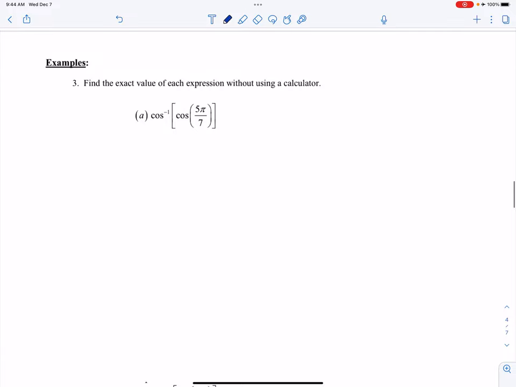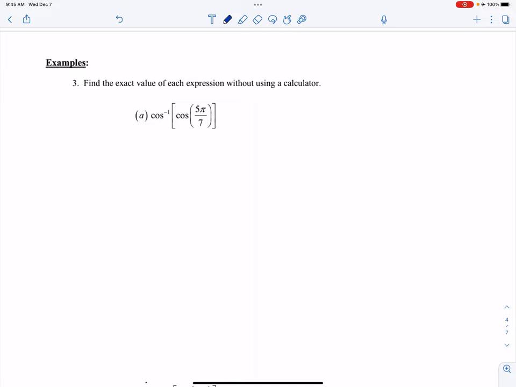For our second to last example, we are going to find the exact value without using a calculator. Most often, the calculator will not be able to give us an exact value because it's going to give us a never-ending decimal.